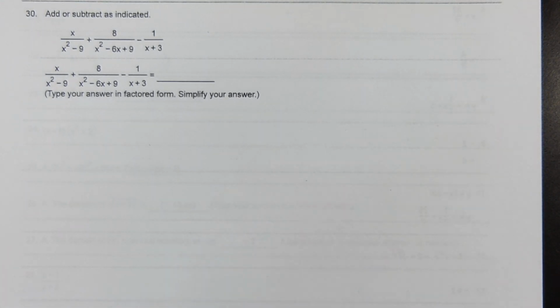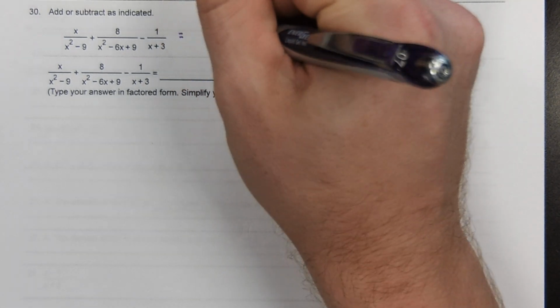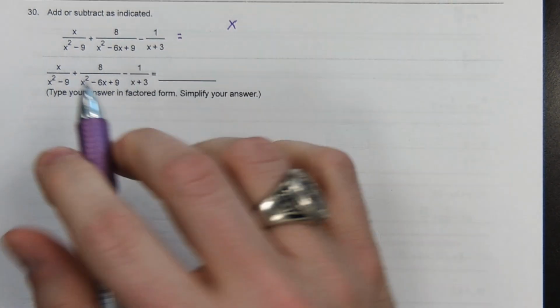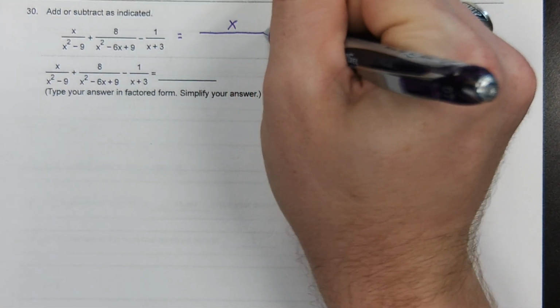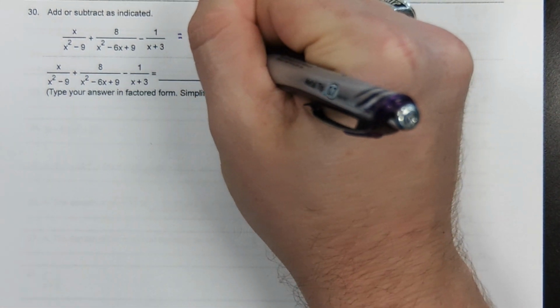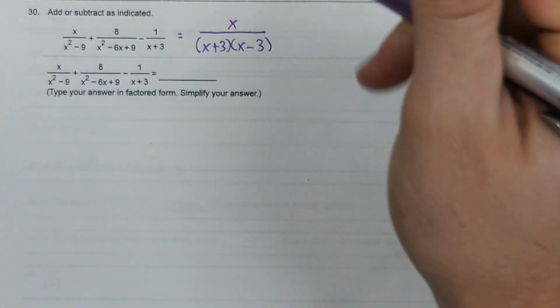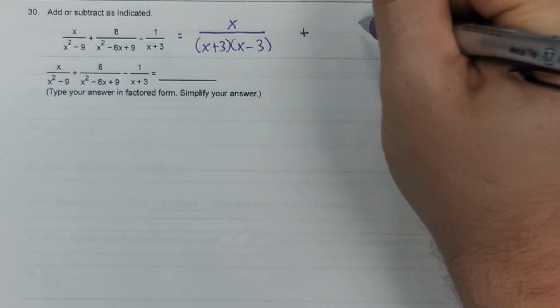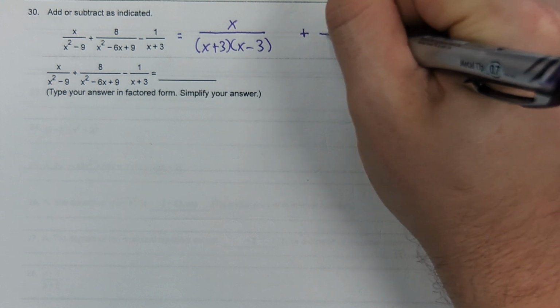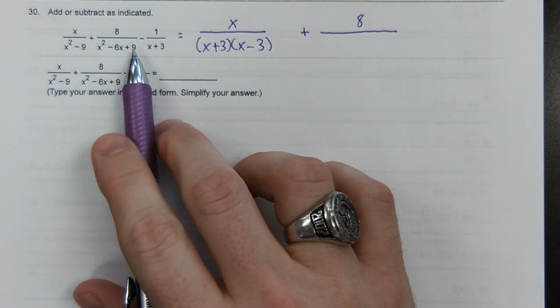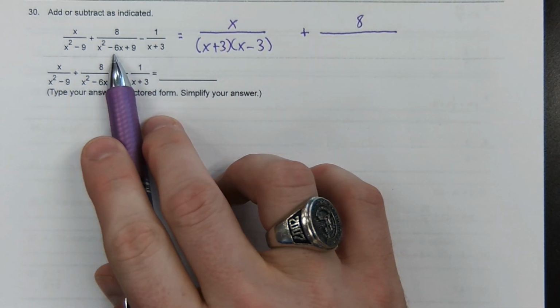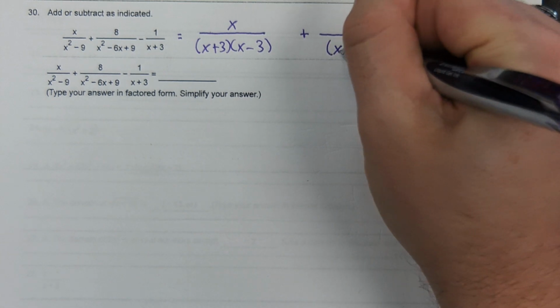factoring everything we can. X squared minus 9 is the difference of two squares. It's an a squared minus b squared situation. So x plus 3, x minus 3. The two numbers that multiply to 9 and add to negative 6 are negative 3, negative 3.